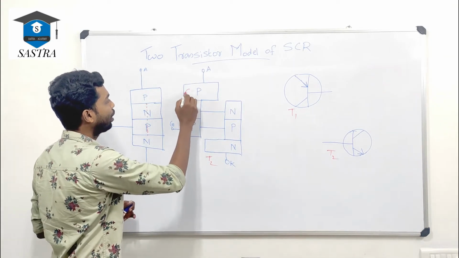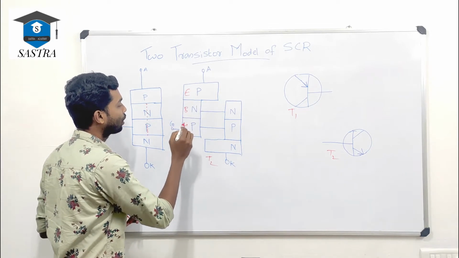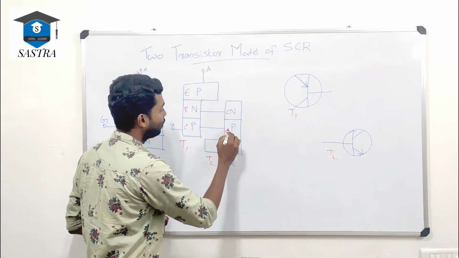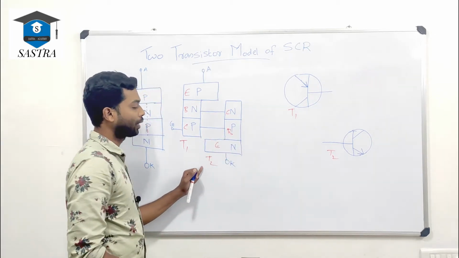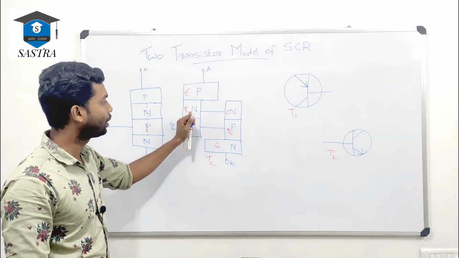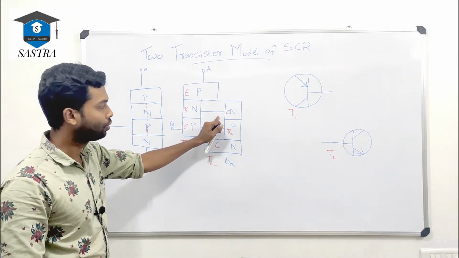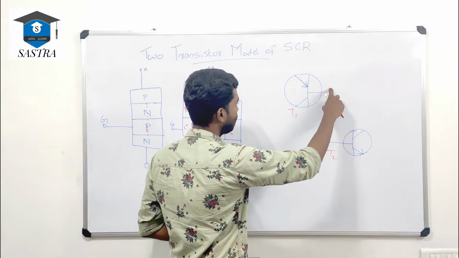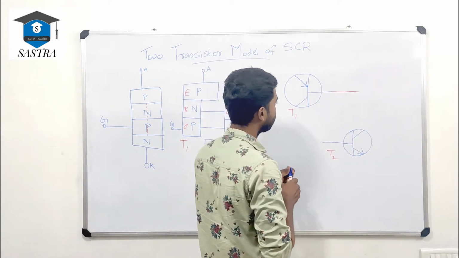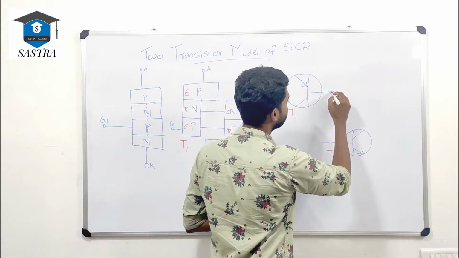This is the emitter, base and collector terminal of the first transistor T1. This is the collector, base, emitter terminal of the second transistor T2. The base of the first transistor T1 is connected to the collector of the second transistor.